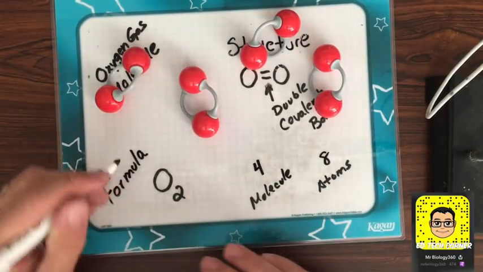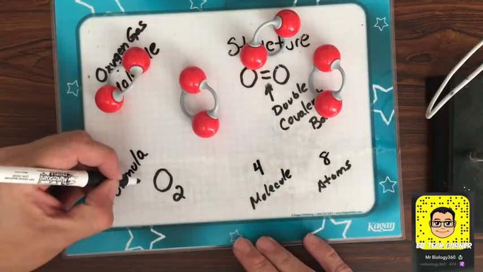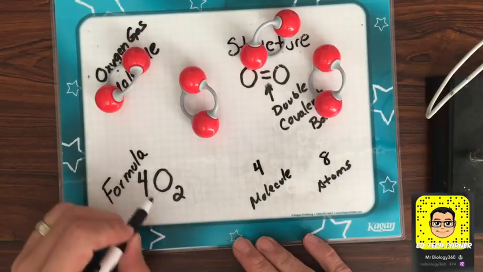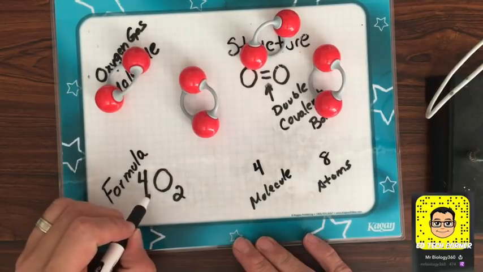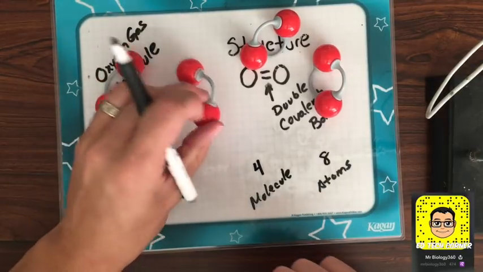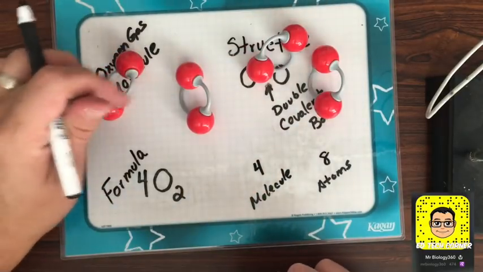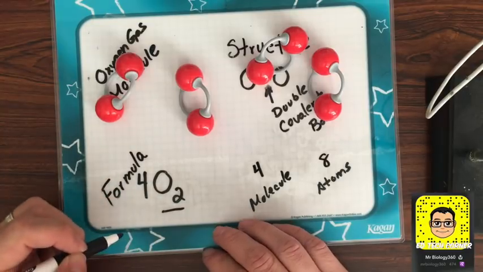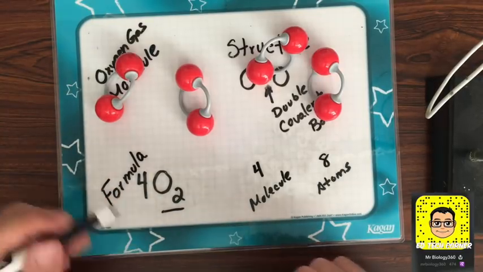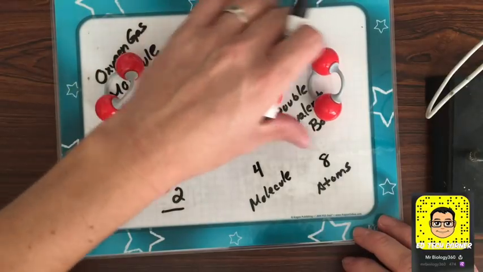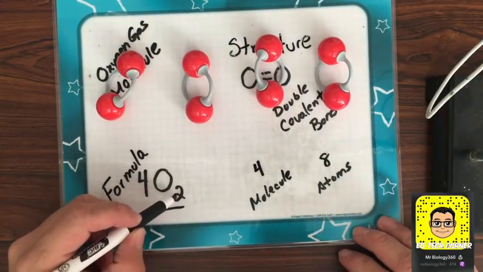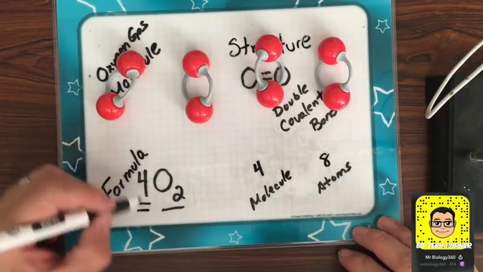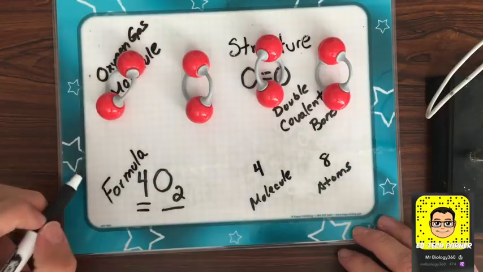All we have to do is write a big 4, because we have 4 molecules, and all the oxygen atoms are accounted for, because we have 4 O2s, and in each molecule there are 2 oxygen atoms. So remember, the subscript number tells you how many atoms are in the molecule, and the number in front tells you how many molecules of that type we have.